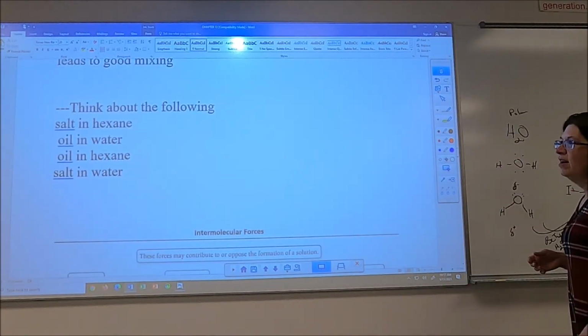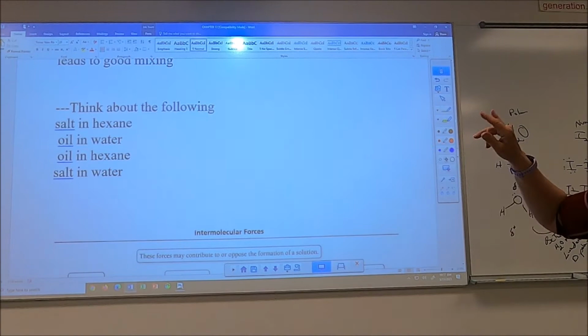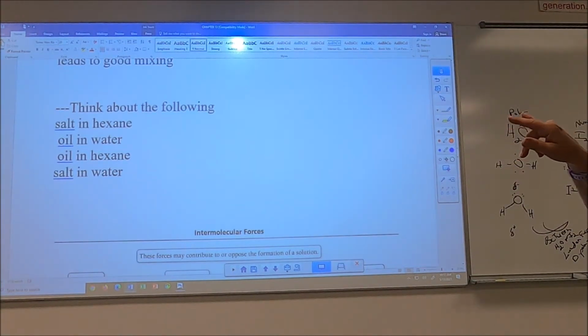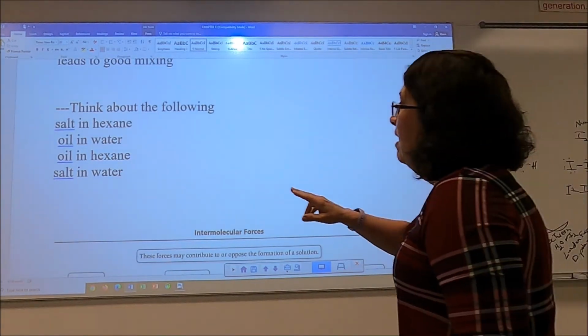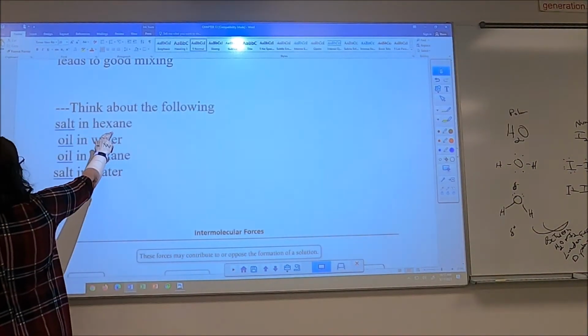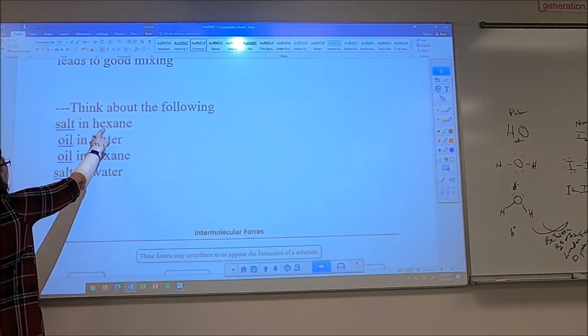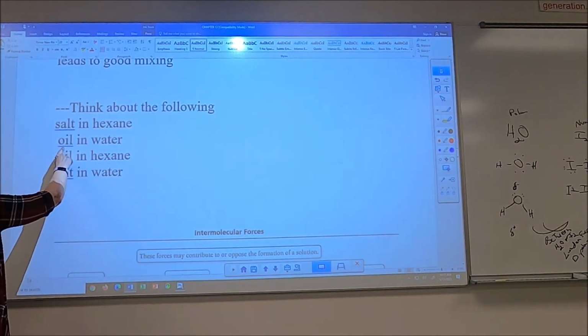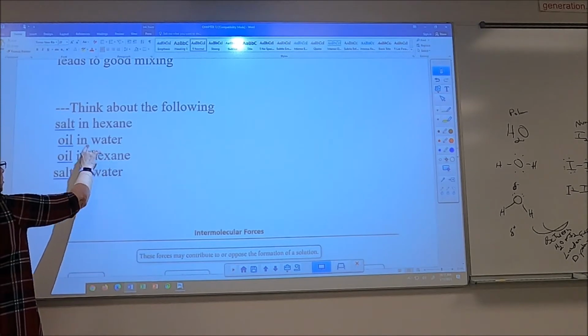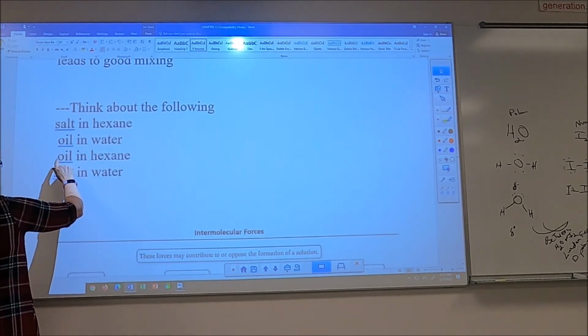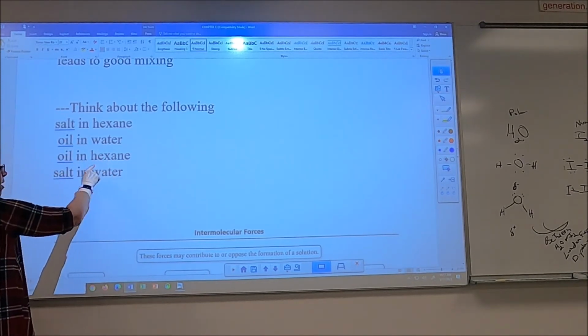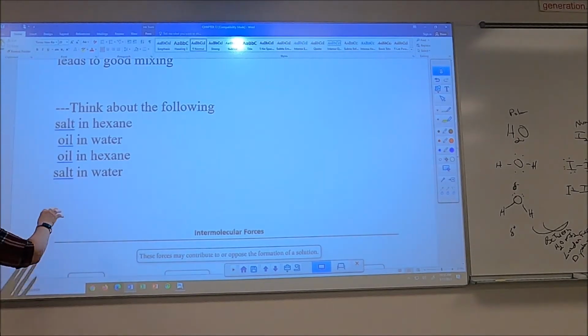So if I started thinking about mixing sodium chloride with hexane, oil with water, oil with hexane, and salt with water, I have an ionic compound here and a nonpolar molecule. Poor mixing. Nonpolar molecule, polar molecule. Poor mixing. Nonpolar molecule, nonpolar molecule, good mixing.